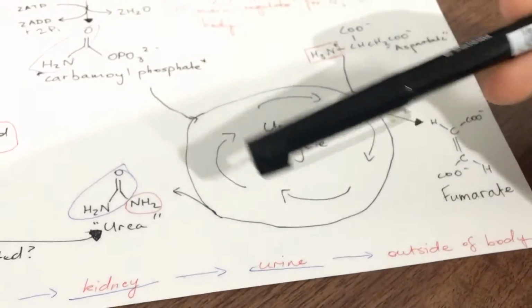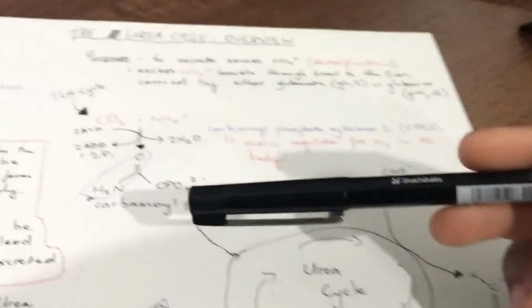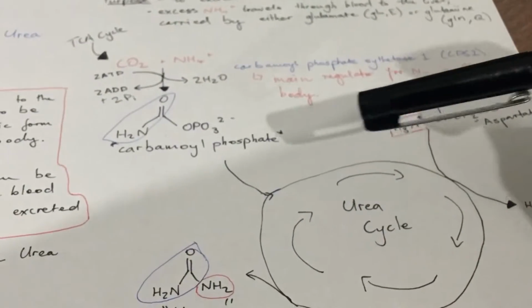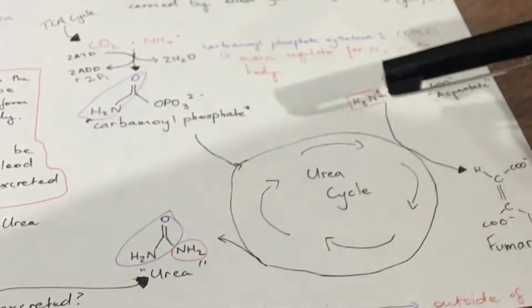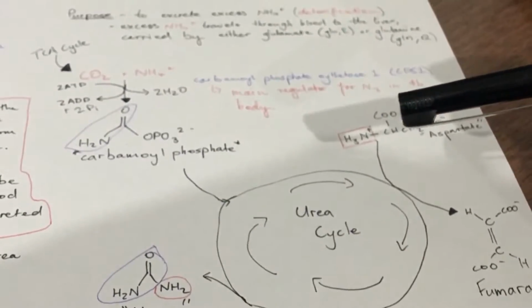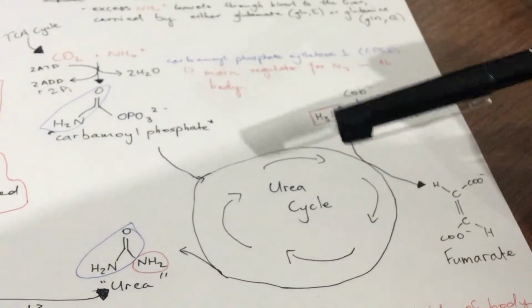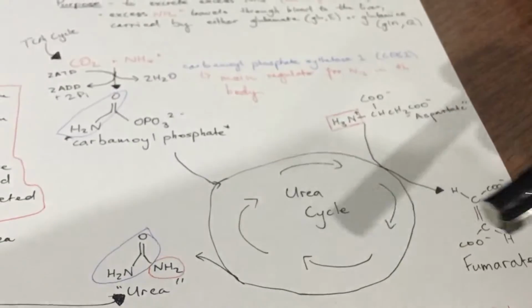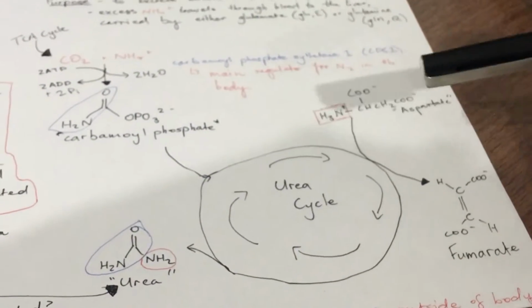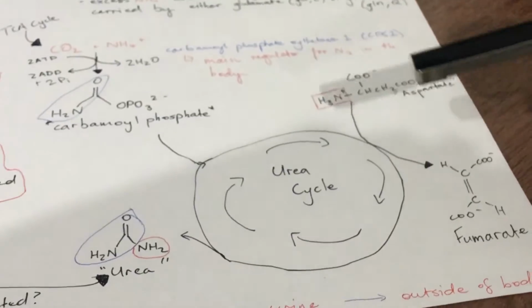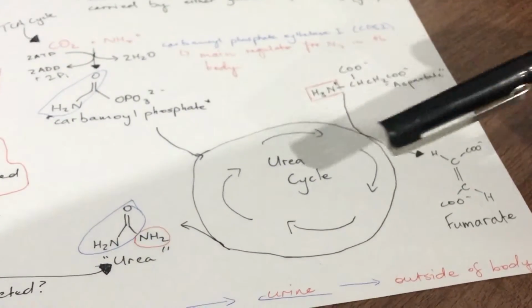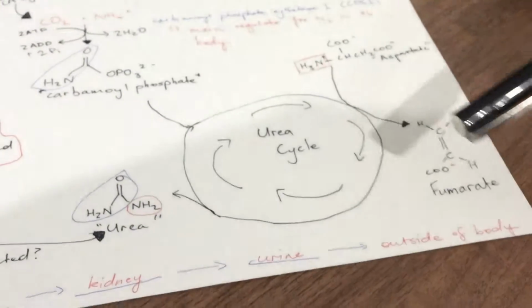Now, as I've said, this is an overview, so I haven't got all the steps here for the urea cycle, but we have this carbamyl phosphate that comes into the urea cycle, and we actually have aspartate, which also comes into this urea cycle here. This is a very simple version, and it'll be further explained soon, I promise. But we actually have this aspartate coming in at one of the intermediate steps of this reaction, and we get a byproduct known as fumarate.